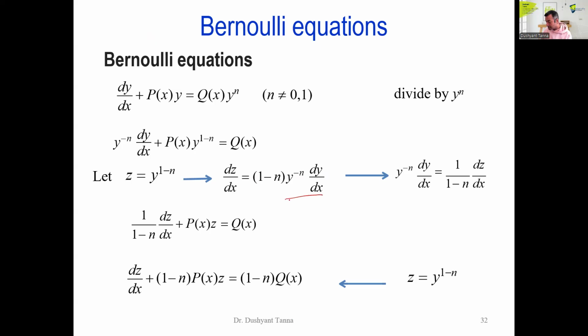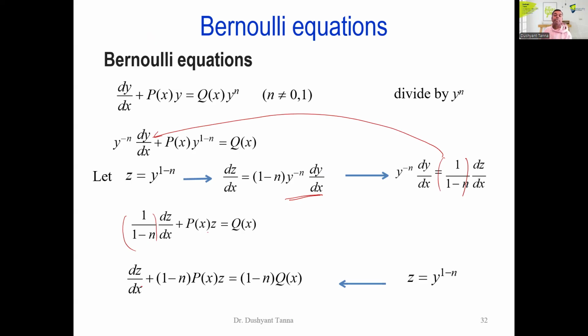If I make this the subject, I get 1 over (1 minus n) times dz/dx, which I replace in this equation. So 1 over (1 minus n) dz/dx plus p(x) times z is equal to q(x). If I multiply this by 1 minus n, dz/dx is equal to (1 minus n) times q(x) minus (1 minus n) p(x) z.